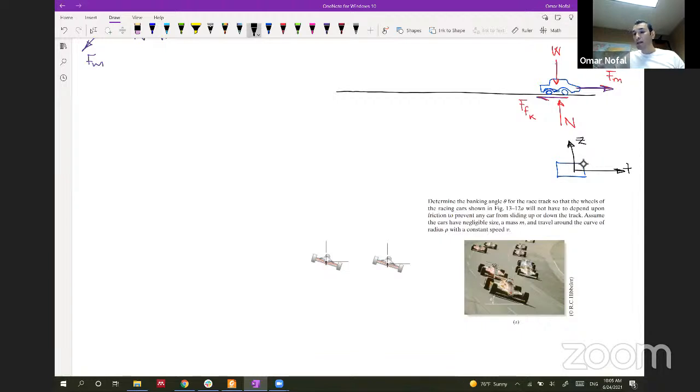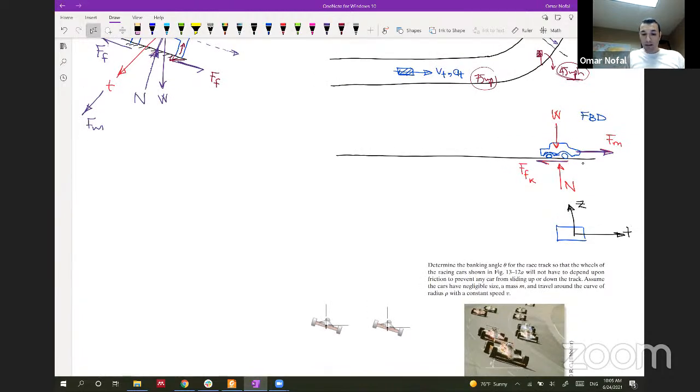That's why the race track has a very inclined slope. If we are talking about normal highways, the inclination of this slope might be less because the velocity of the cars is a little less. So let's solve this example.